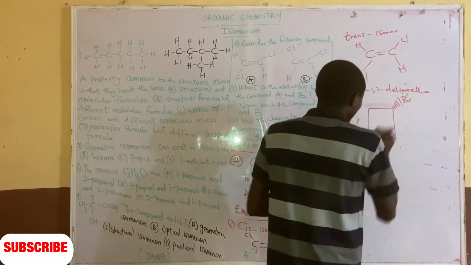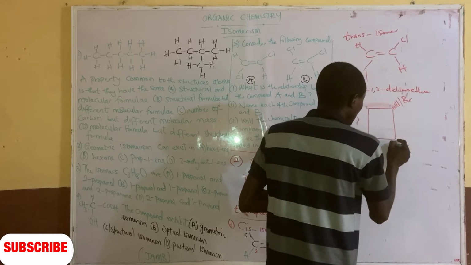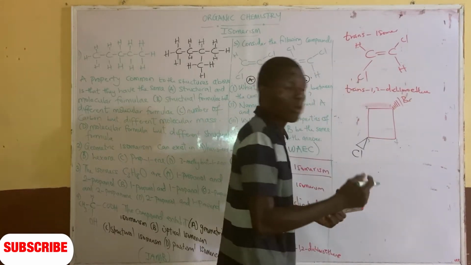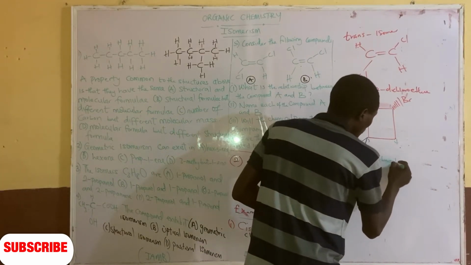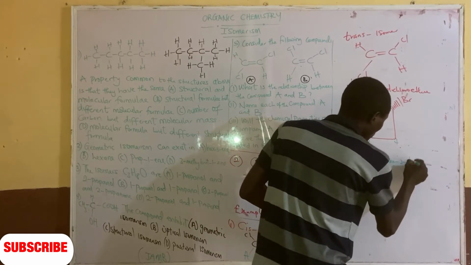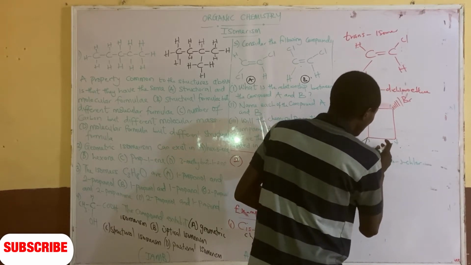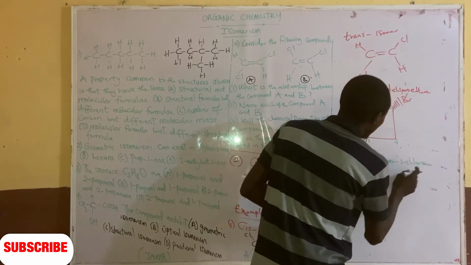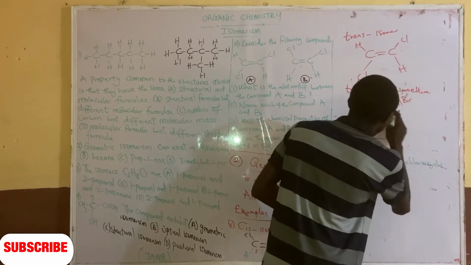I can just start numbering from this bromo, 1, 2, 3, 4. Because this is bromo, and bromo comes before chloro in alphabetical order, we have 1-bromo-3-chlorocyclobutane.